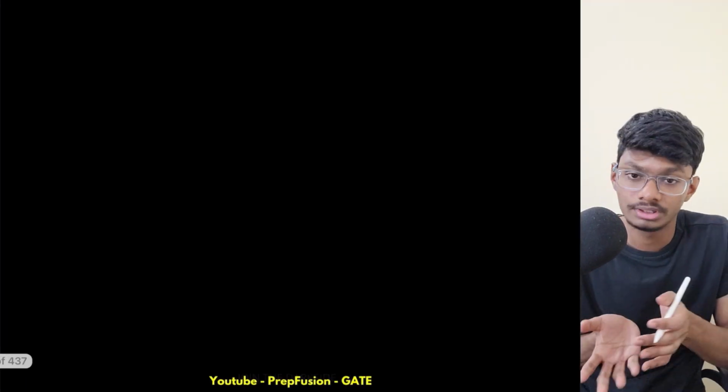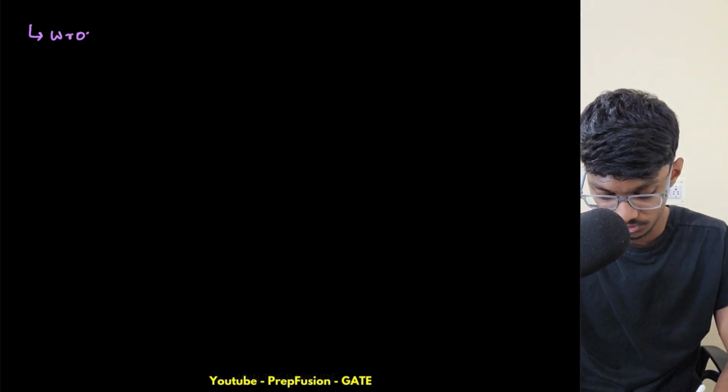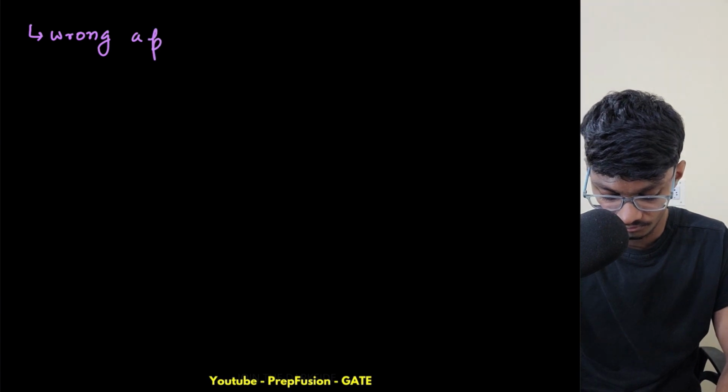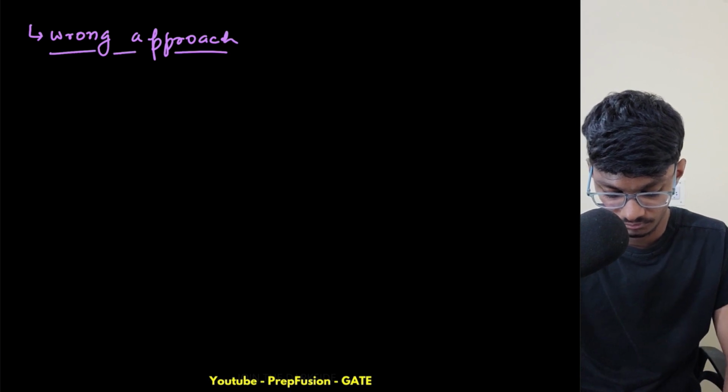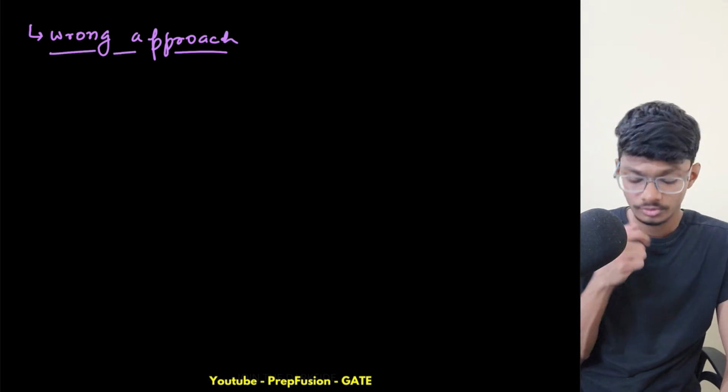Now what can be the wrong approach of this one? In a few books I've seen, they've given that you can convert it into a unity feedback system. So this is my wrong approach. The wrong approach could be to convert this non-unity feedback system into a unity feedback system.